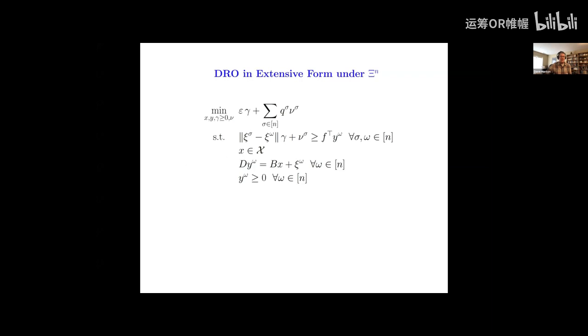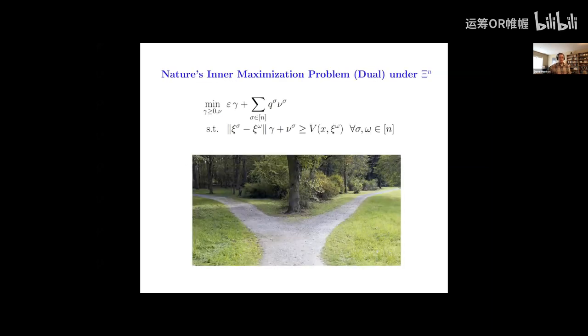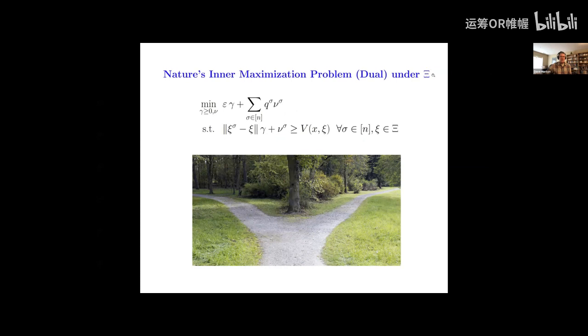All right, so that's the end of the line where the story is we just have these fixed points of support and nature can change the probability mass. So now let's go back and ask the question, suppose we change this to potentially a continuum, not over an index set, but over all realizations of Xi instead of just omega from the n pre-specified points of support.